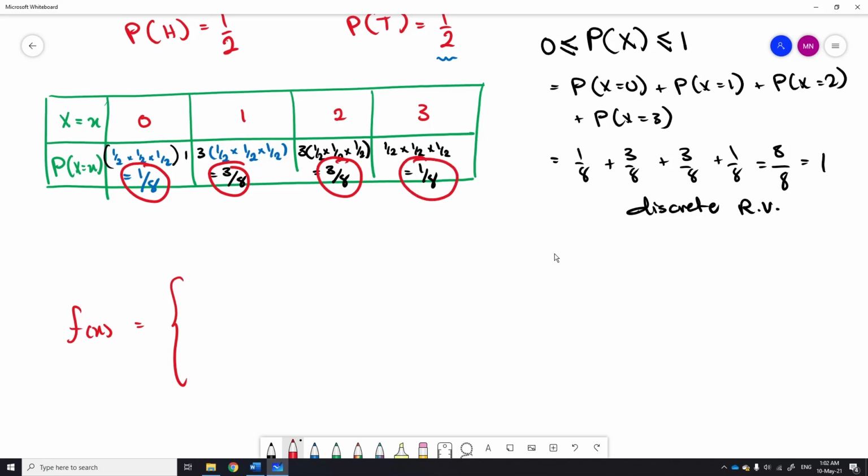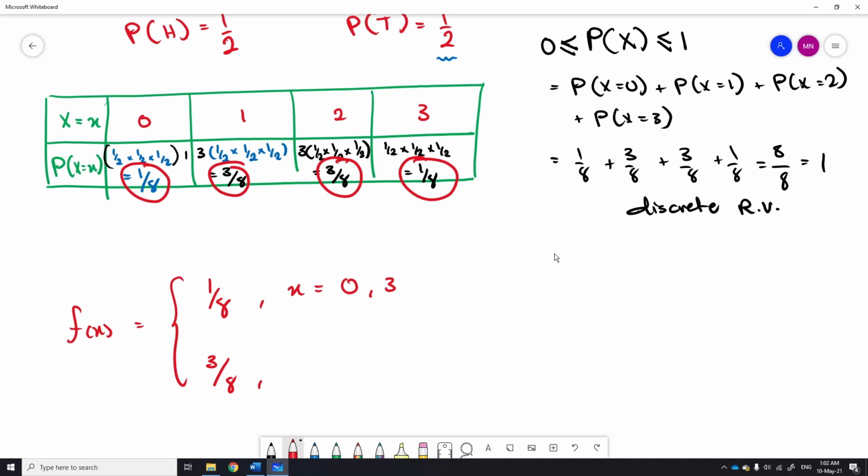So there are only two kinds of probability. There is either 1 over 8 or 3 over 8. The input for the 1 over 8 is where x equal to 0 and 3.